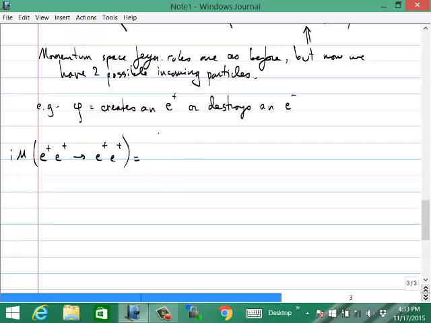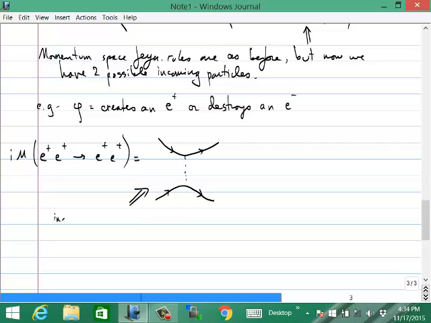So here, as with a real scalar field, I'm going to use the notation that the incoming particles are all arranged on the left and the outgoing particles are all arranged on the right. Here you have two ingoing arrows.